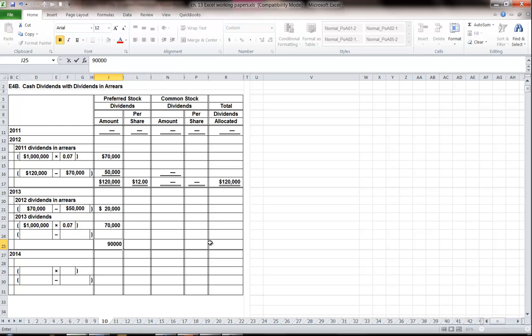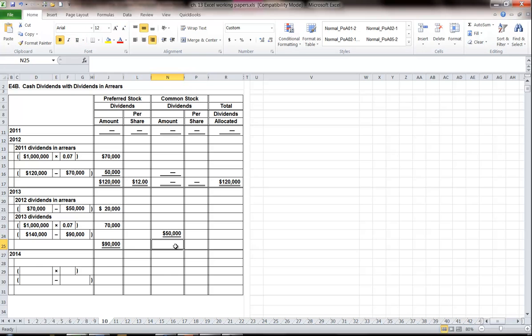And if you remember, the total payout was $140,000, but I can't give them any more than what they're entitled to. So our common stockholders are going to get what's left over. We declared a total of $140,000 to be paid out. $90,000 went to our preferred stockholders, so that leaves us $50,000 that will be paid out to our common stockholders.